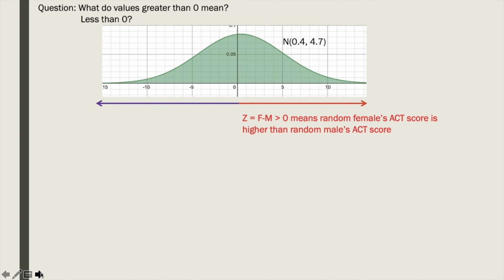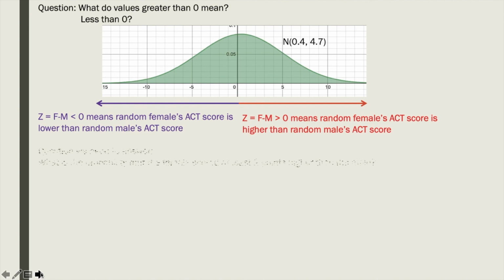So that's what it means when I have values greater than 0. So conversely, when I have values less than 0, that means that that random female's ACT score was lower than that random male's ACT score.